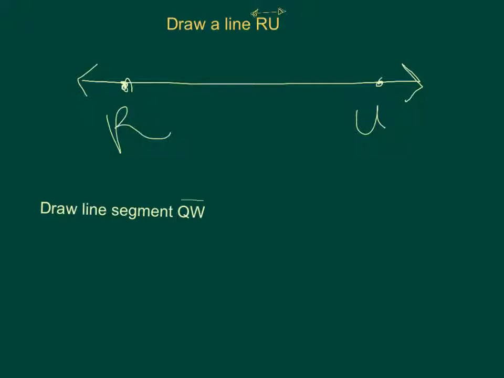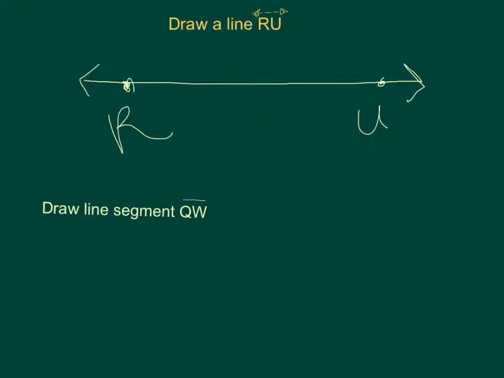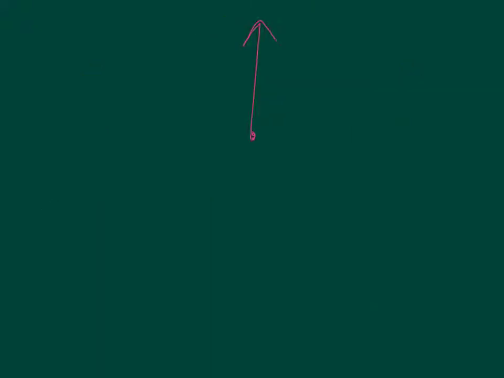Remember, a line segment is just part of a line. So in a line segment, you have 2 points. Okay? In their line segment, it's QW. All right? So a line keeps going. A line segment is just part of a line.